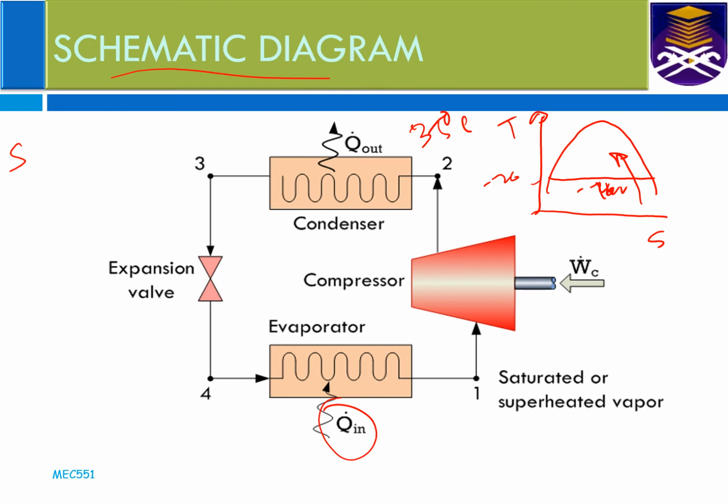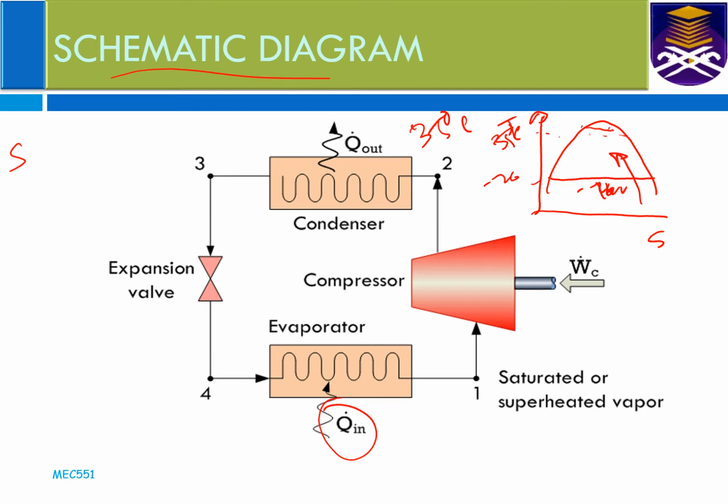The heat can be absorbed from the refrigerated spaces. And after that, how can you transfer the heat in the condenser to the environment, where our temperature for the environment is about 25 degrees Celsius? Let's say that our operating condition for the compressor will be about 40 degrees Celsius.